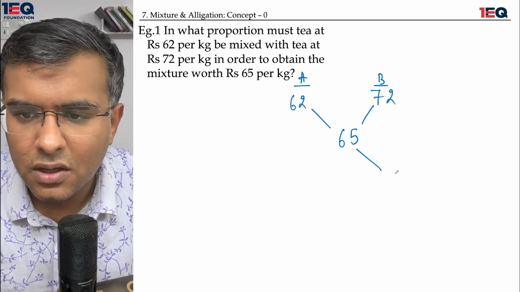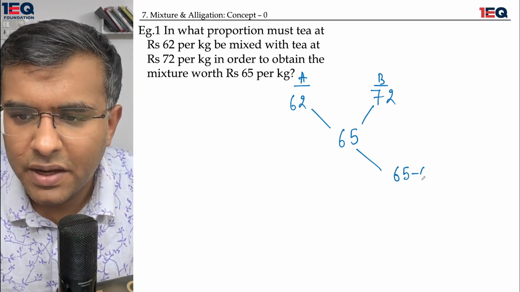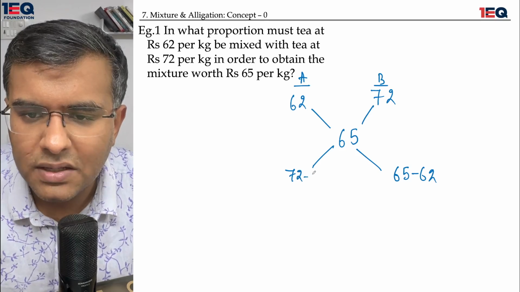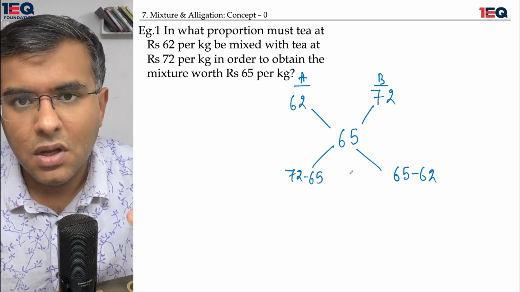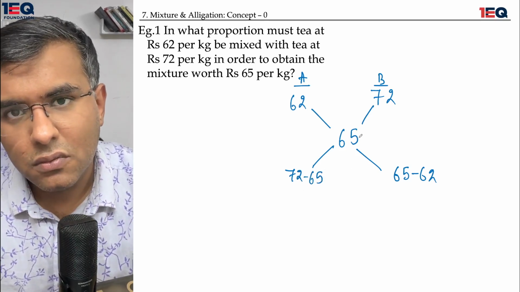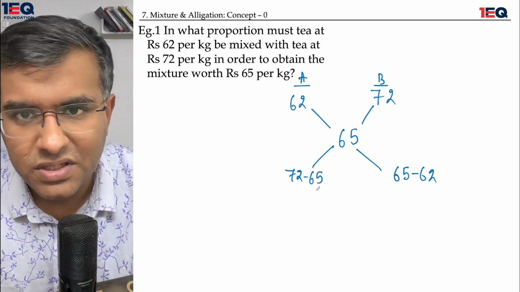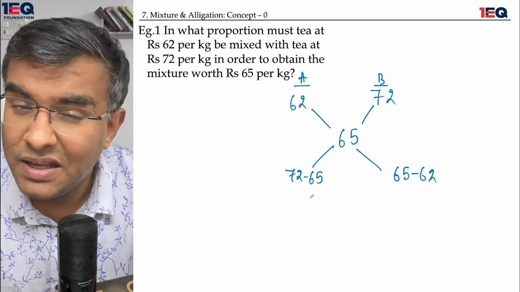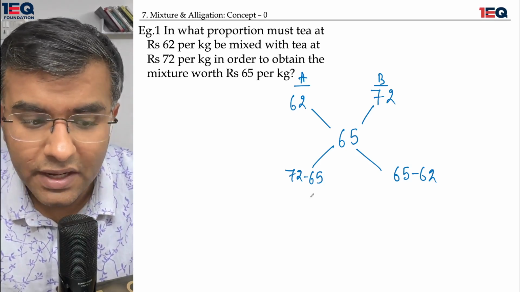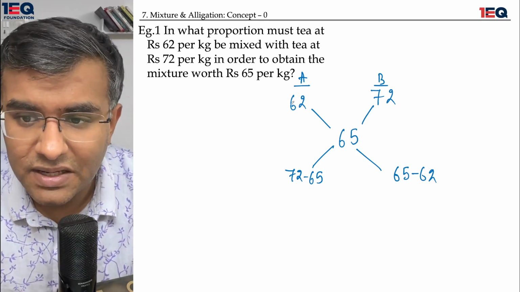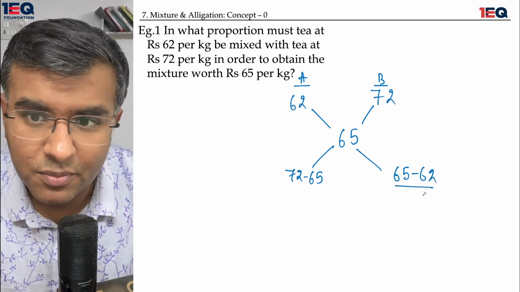So here I would write 65 minus 62, and here I would write 72 minus 65. You always have to have a positive answer in this, because ratios cannot be negative in nature, right? So here 65 minus 62 is valid because it will give me a positive answer.